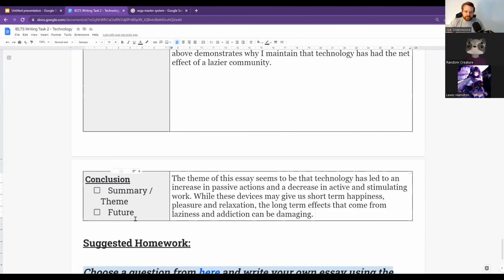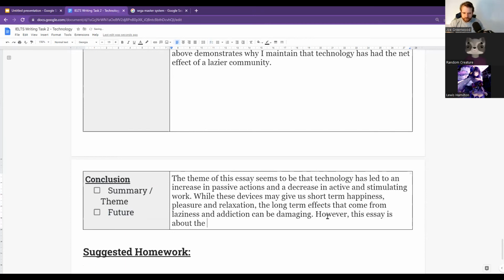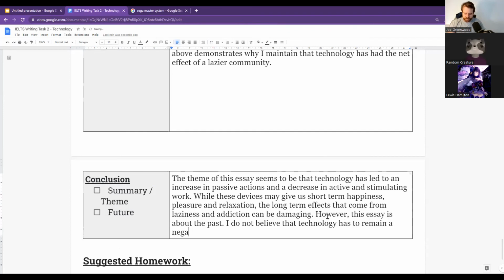So, and what do I think for the future? However, this essay is about the past. I do not believe that technology has to remain a negative force in our lives.